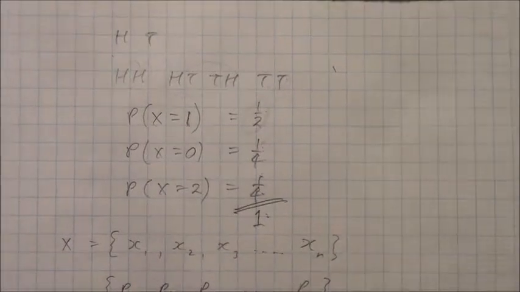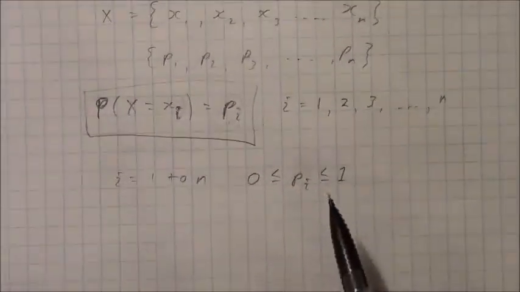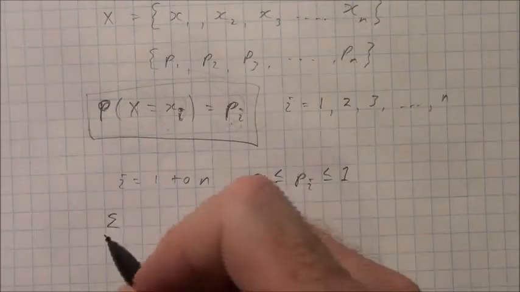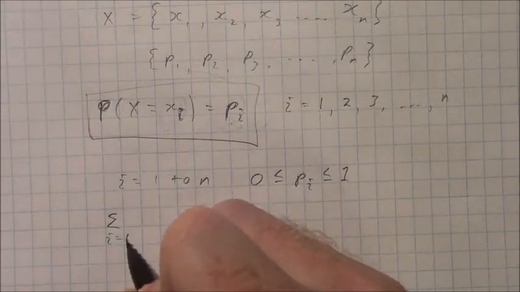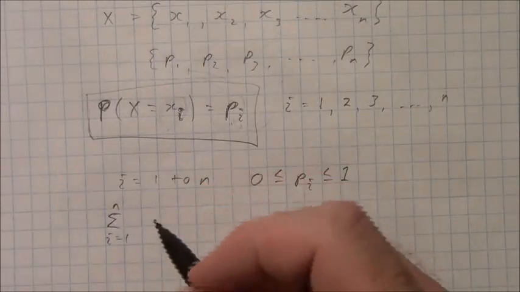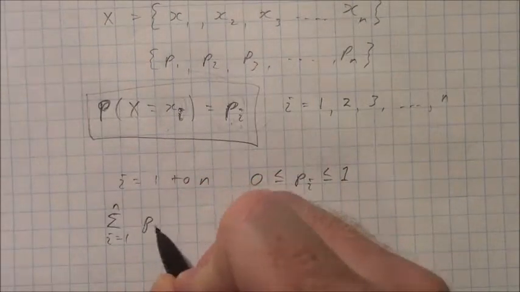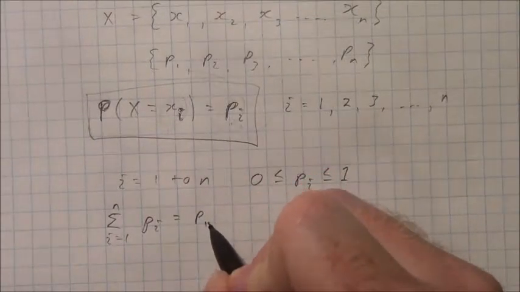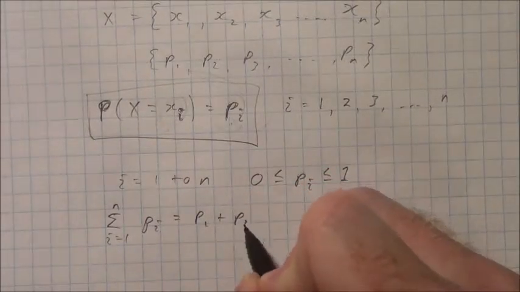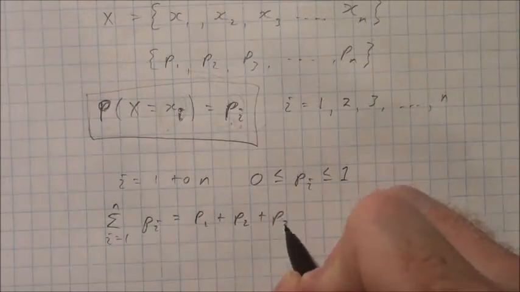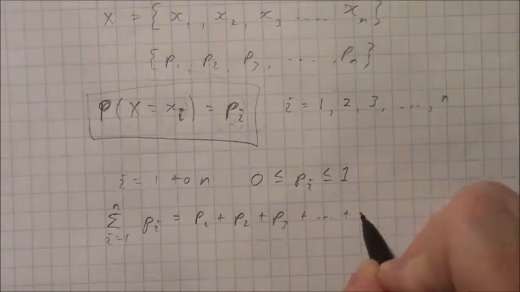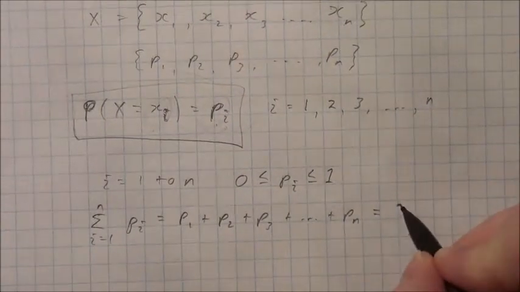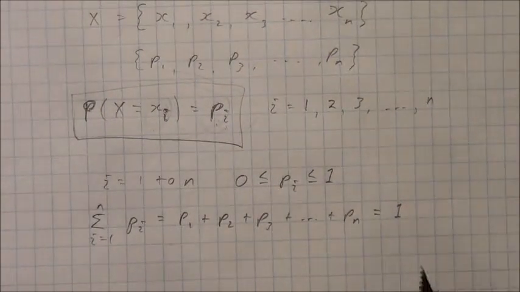Okay, so then we can do the same thing for any sort of event. So the sum, if we go from i equals 1 to n, so we're looking at all the different probabilities, that's going to equal p sub 1 plus p sub 2 plus p sub 3 all the way up to p sub n, and when you add all those together, they will always equal 1.